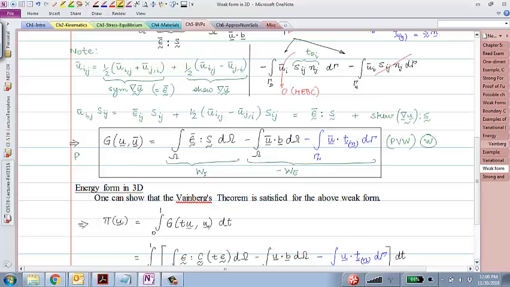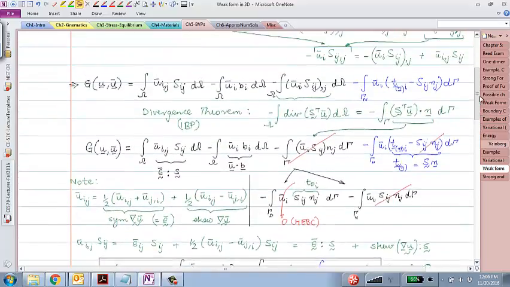So this now becomes the PVW form of the weak form, where the functional g is still a scalar function of a vector real displacement, a vector virtual displacement, virtual strain, real stress, real Cauchy stress, that was the internal virtual work, minus virtual displacements times body force integrated over the domain, and minus virtual displacements times external tractions on the traction boundary.